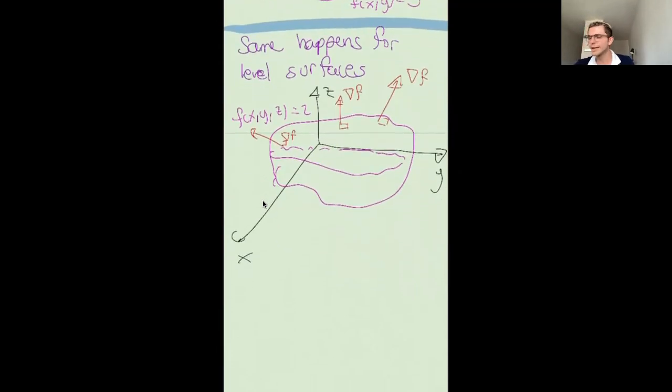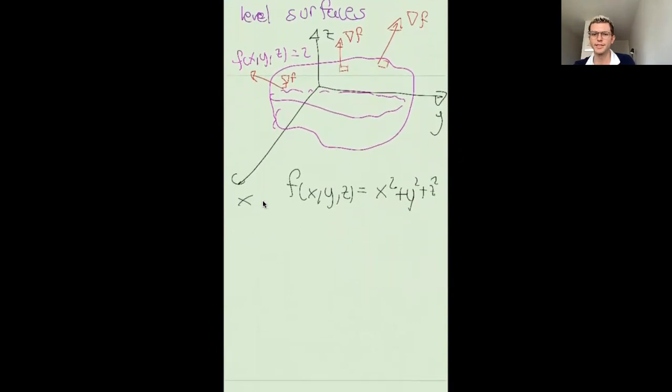A concrete example, just to make a cute picture: if you thought of your function of 3 variables as being x squared plus y squared plus z squared, I think we have seen before that the level surfaces were spheres, right? That makes sense.